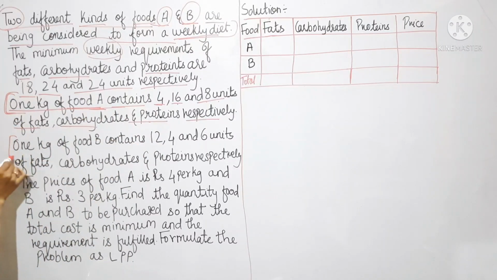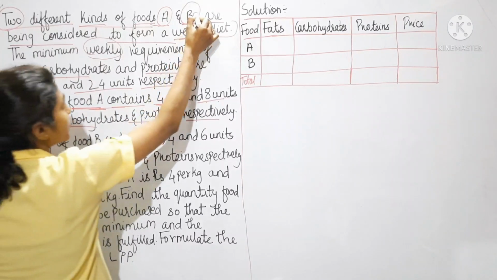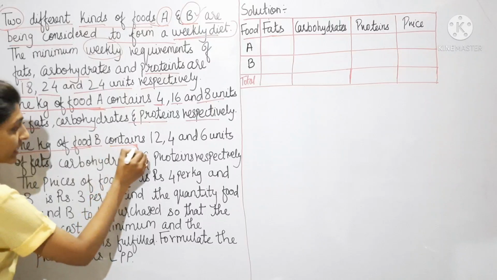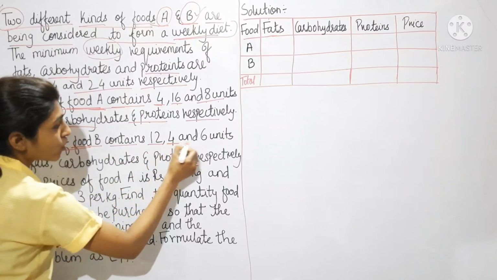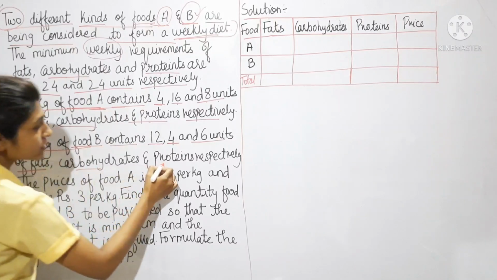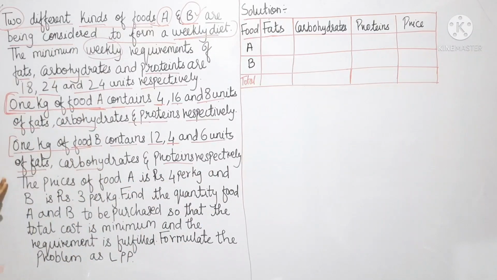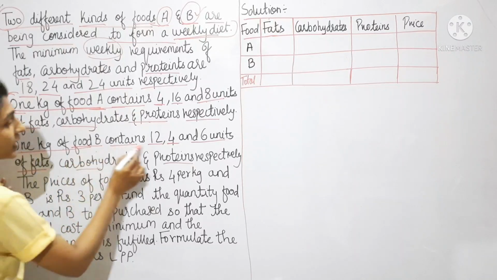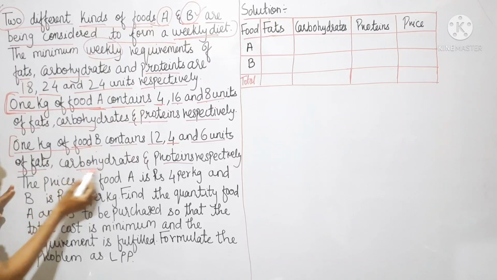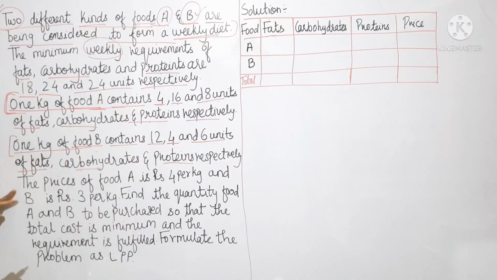Okay, next food B. 1 kg of food B contains 12, 4 and 6 units of fats, carbohydrates, proteins respectively. So 1 kg of food B contains 12 units of fats, 4 units of carbohydrates, 6 units of proteins respectively. Now the price, next sentence.